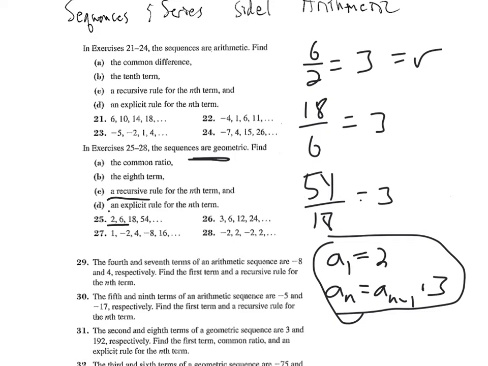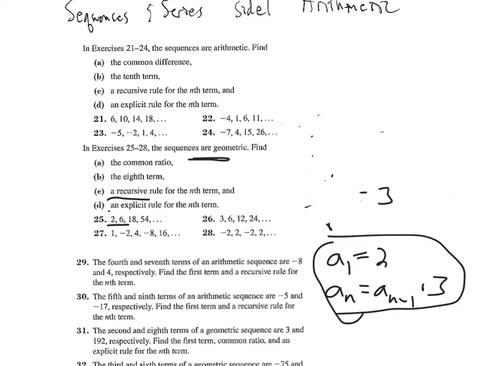So then if they wanted me to do the explicit formula, that's where we take a sub n equals your first term, which is 2, times that common ratio, 3, to the n minus 1, or x minus 1, whatever you wanted. So there's the explicit formula.